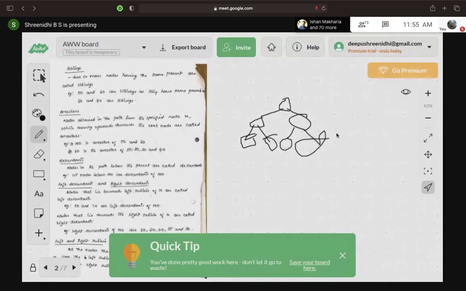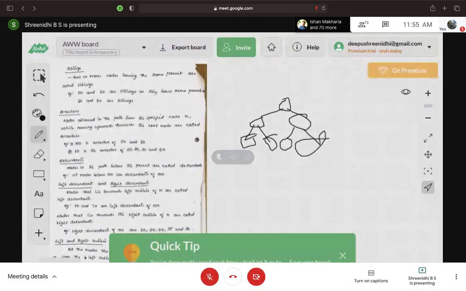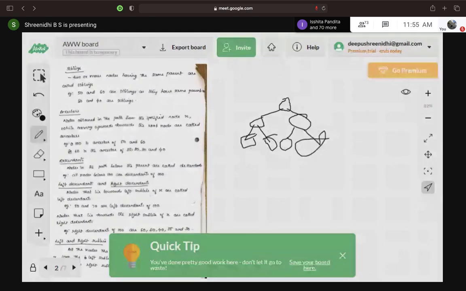So two or more nodes having the same parent are called siblings. Here these two nodes, the first two nodes we have here, are siblings of this parent. But we cannot call the parent a sibling.